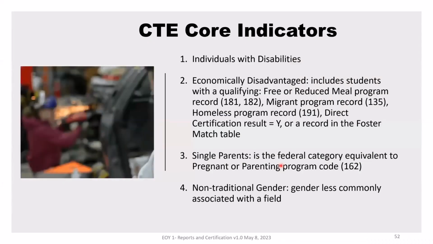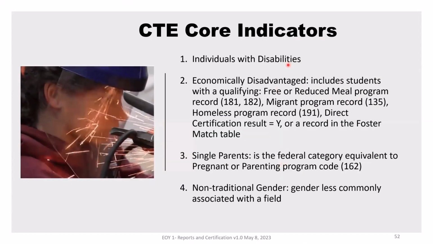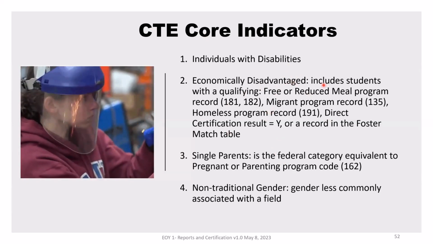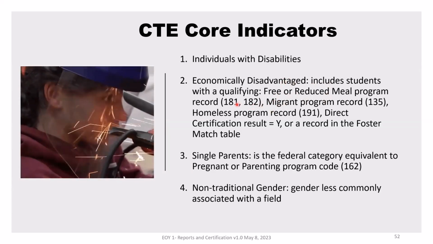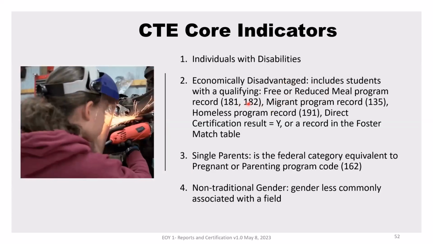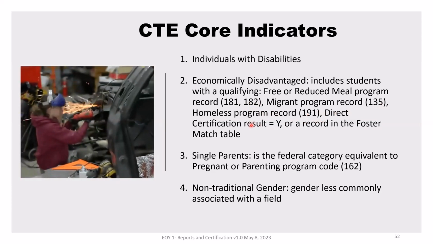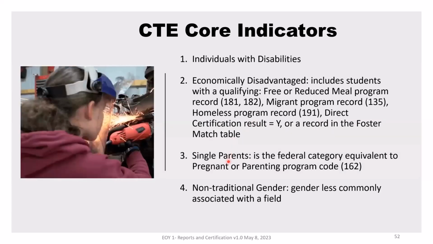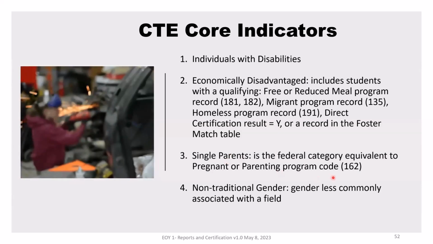Some of the CTE core indicators are your students with disabilities, and then you have your economically disadvantaged subgroup, which is further broken down into students who qualify based on having free meal program records, migrant, homeless, direct cert equal to Y, or a foster student match. And then for single parents, these are based on program record 162.